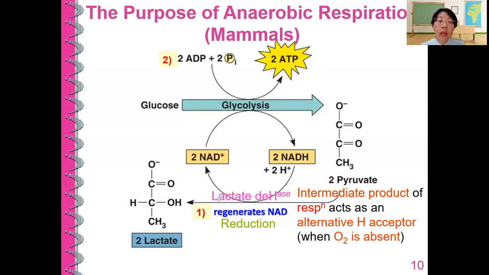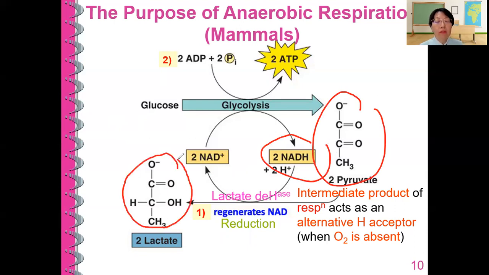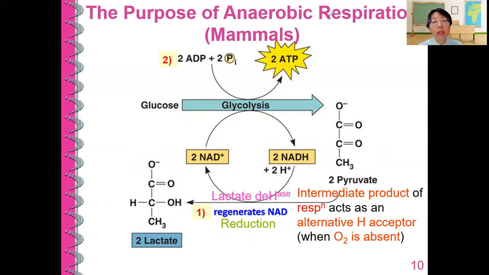Why? Because the substrate that's supposed to sit in the enzyme is different, right? Enzymes have their specific active site shape. One of them, the substrate is this one, the other one, the substrate is actually this one. So the active site shape must be different. That's why it's a totally different enzyme, even though the name is the same.